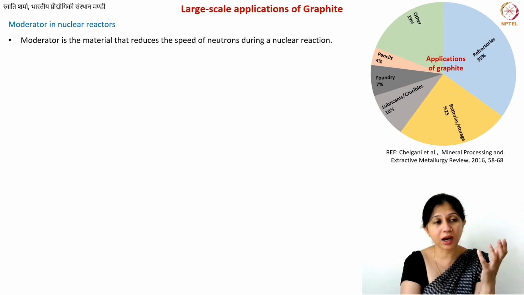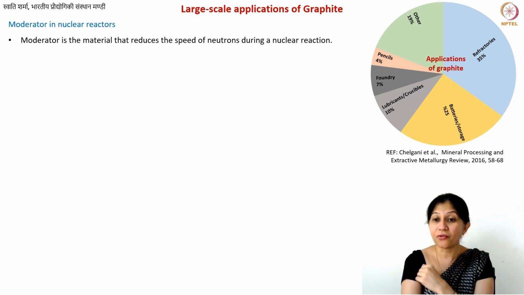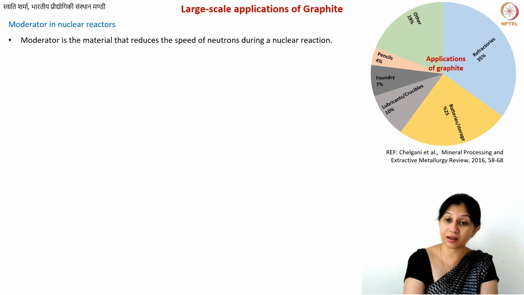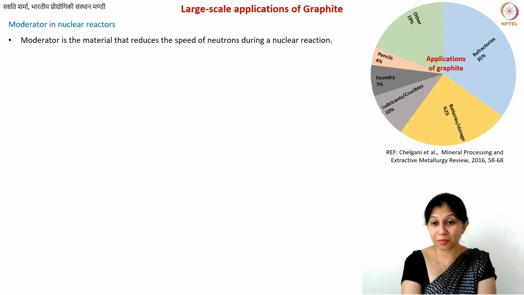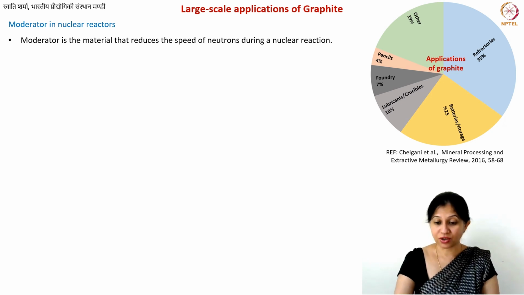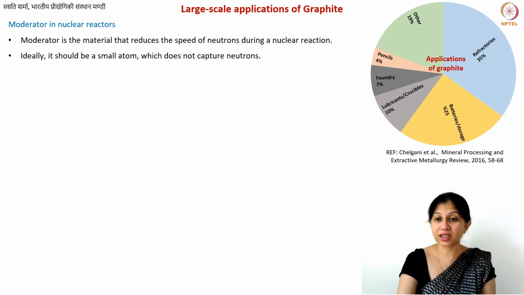So this application demanded very large quantities of graphite, and also very clean, high-purity graphite, because you cannot take too many risks with a nuclear reactor. This is one of the major applications of graphite which led to synthetic graphite production, which we will talk about later.